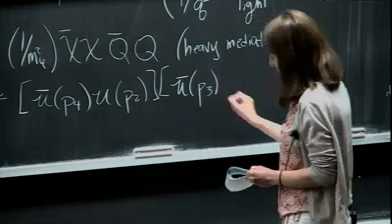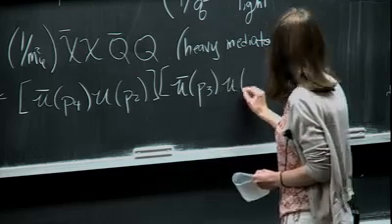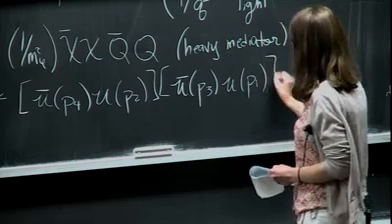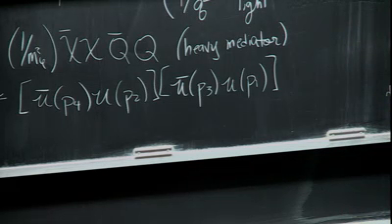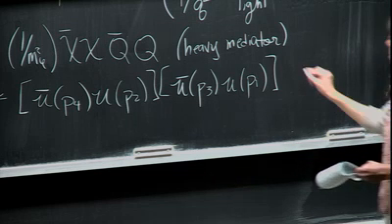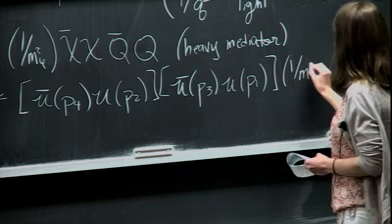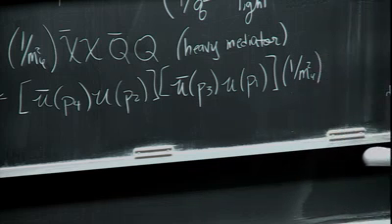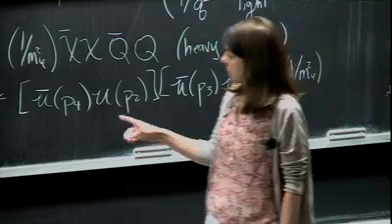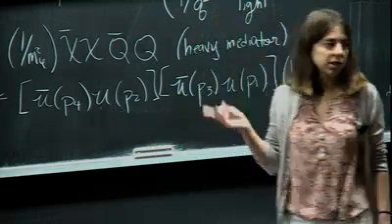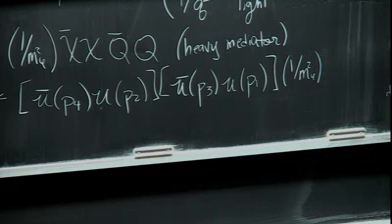These are just the spinors for the incoming and outgoing dark matter and quarks. And then next, what we'd want to do is just substitute in what the spinors are in the non-relativistic limit.